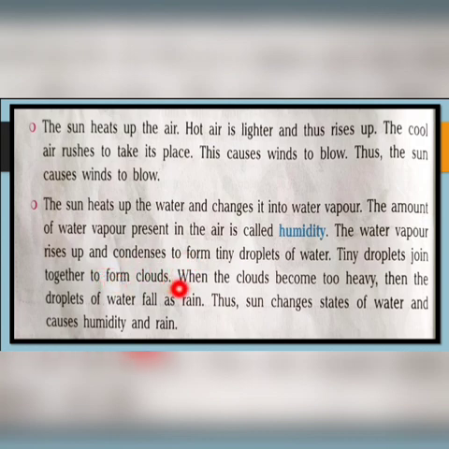When the clouds become too heavy, they fall as rain. In this way sun changes states of water and causes humidity and rain. So up to here we learned that, whether directly or indirectly, sun is the main cause of changes in weather.